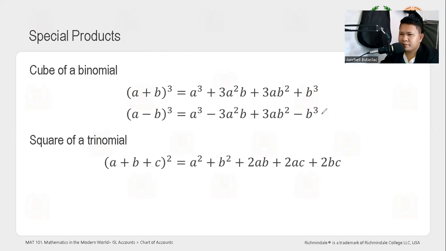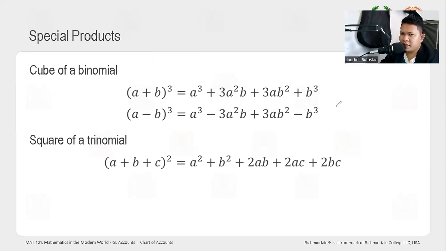We can just solve it like in multiplication. Let's try this one. Much better if we distribute. So a plus b. Actually the answer for this one is very, very long.